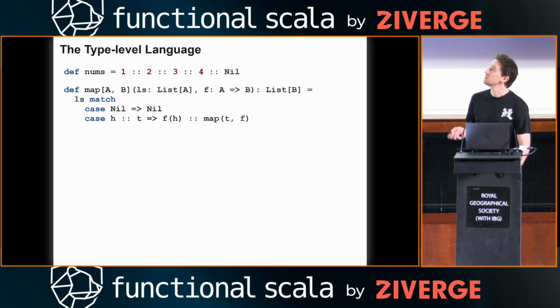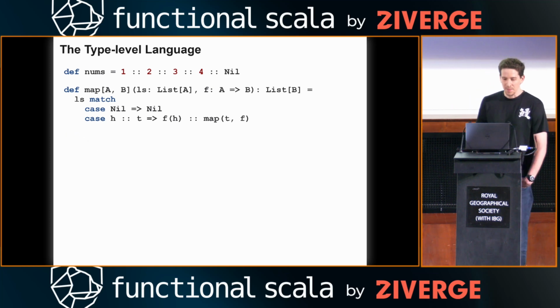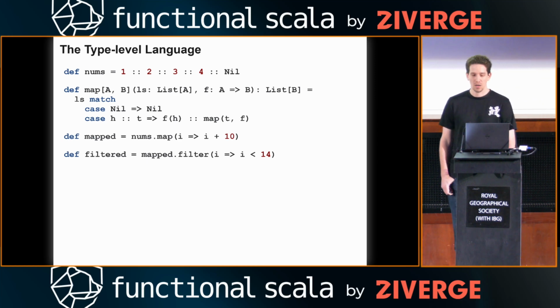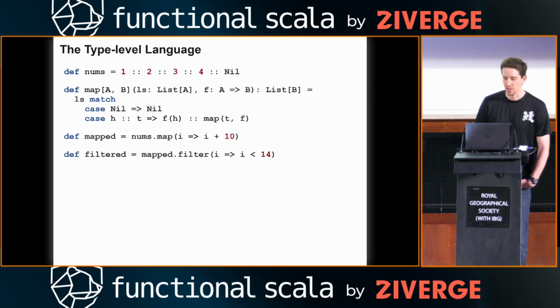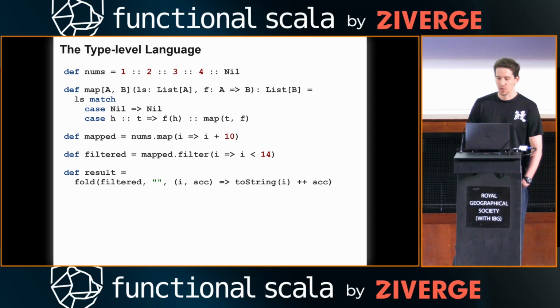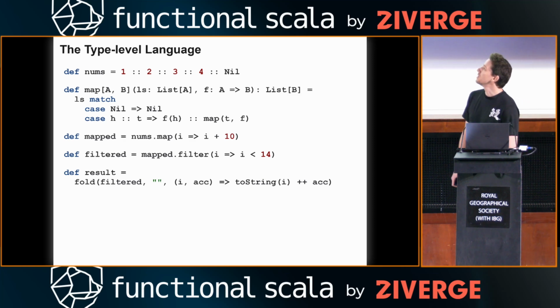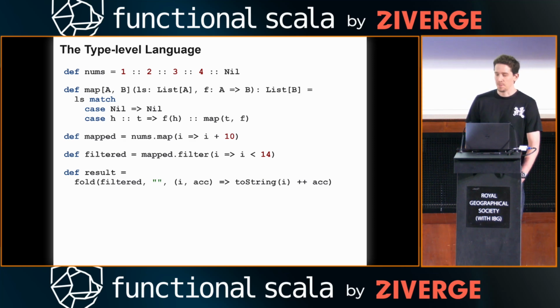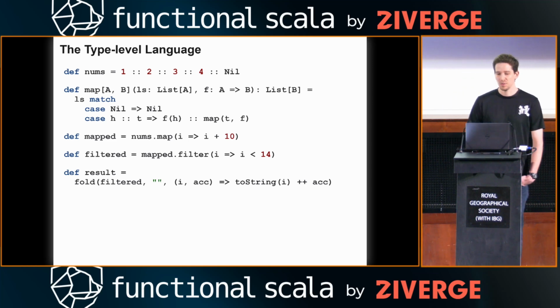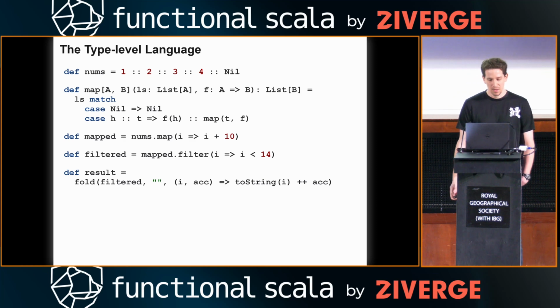Don't put it in production, please. It's not a good implementation. Then we have a couple of transformations using higher order functions and anonymous functions to actually perform the transformations. And we fold the final result by going over the different parts and converting them to a string. So this is fairly simple Scala value level code, nothing that should be too surprising for Scala developers.